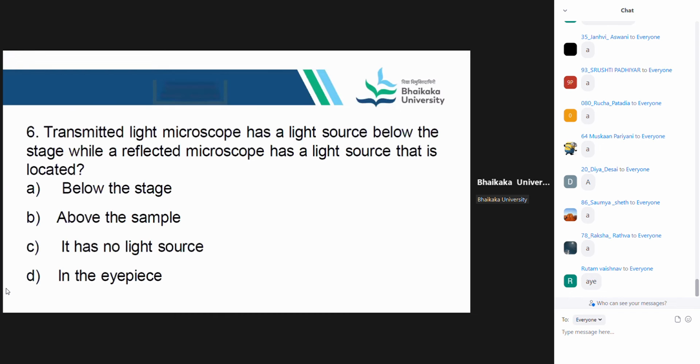Sixth question is, a transmitted light microscope has a light source below the stage, while a reflected light microscope has a light source that is located... So the reflected microscope has a light source in the eyepiece.